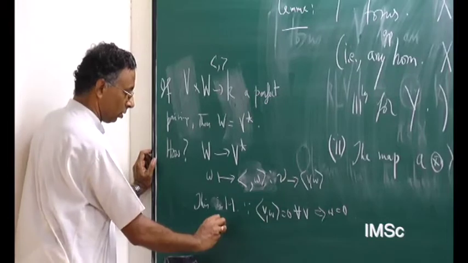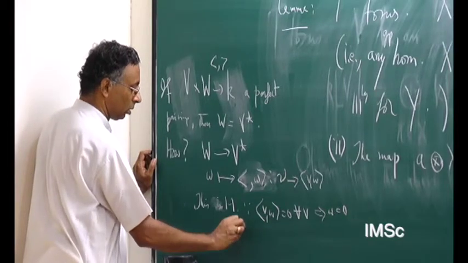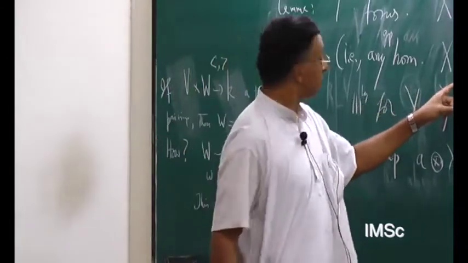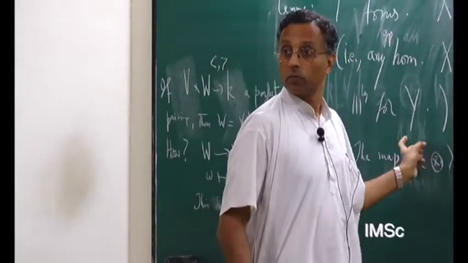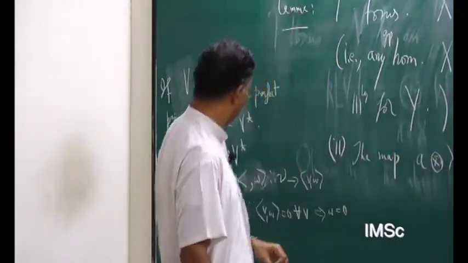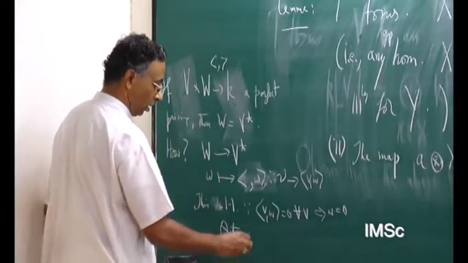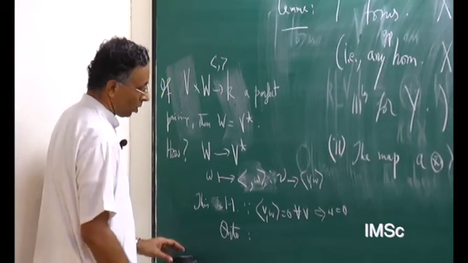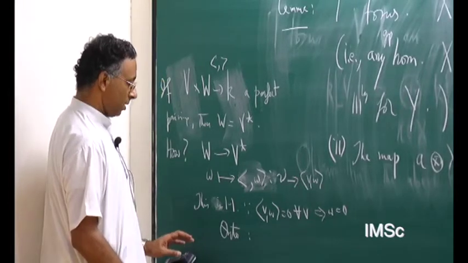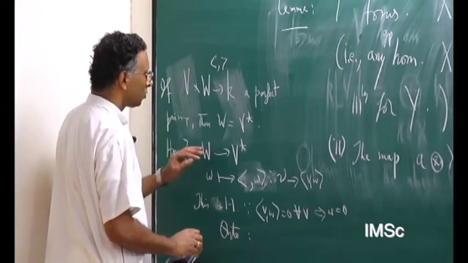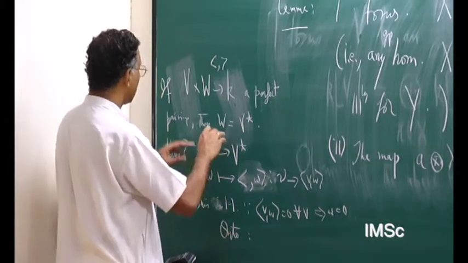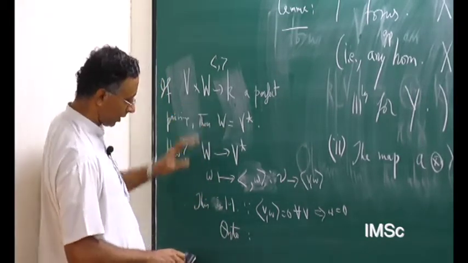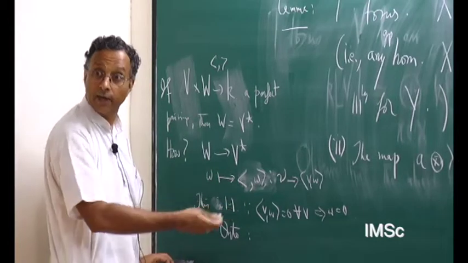Why is it onto? So that is the part that says every homomorphism comes from, right? So onto, because every, okay, so instead of saying it that way, let's assume V is, maybe I should assume V is finite dimensional. Then if I assume the other way, it will come out.